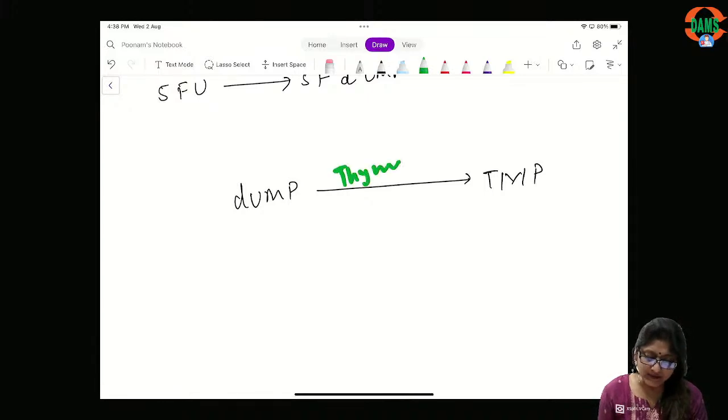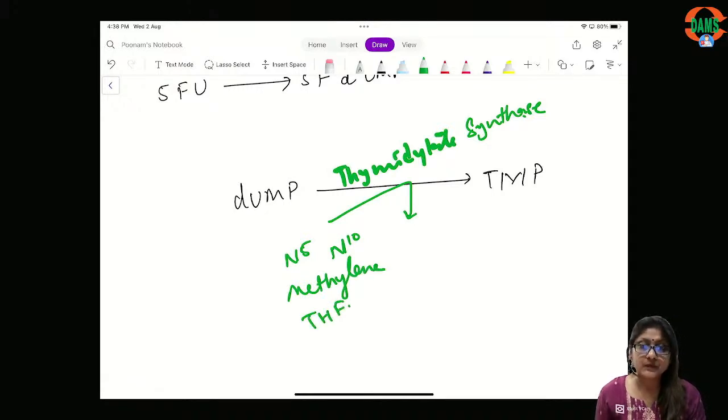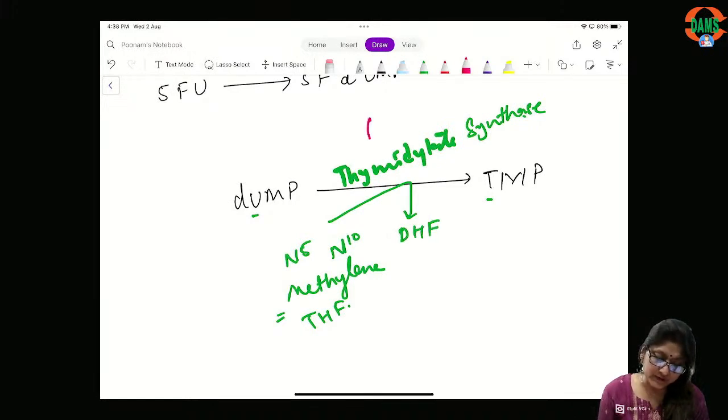This enzyme is thymidylate synthase, and it needs N5N10 methylene tetrahydrofolic acid as methyl donor. So methyl is donated to deoxy-UMP, and UMP is converted to TMP, and the folate is in turn converted to dihydrofolic acid. Now 5-fluorouracil is going to inhibit this enzyme.